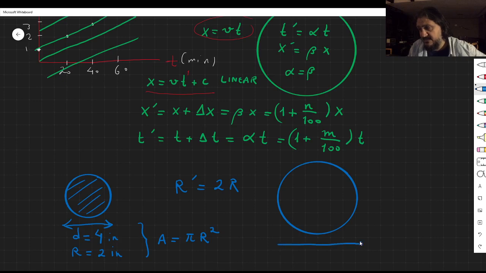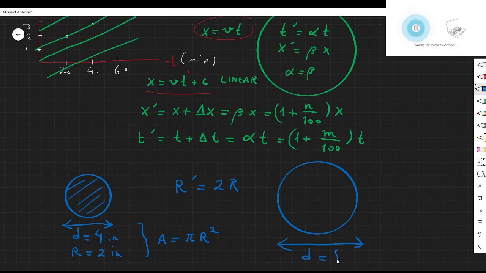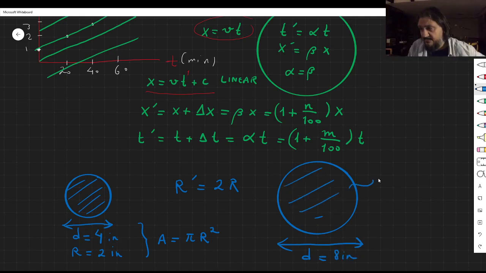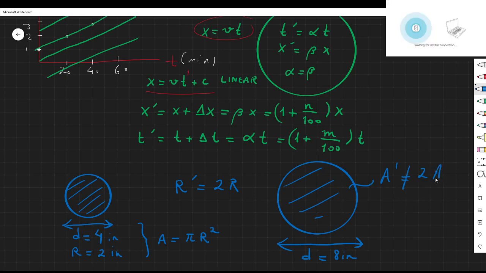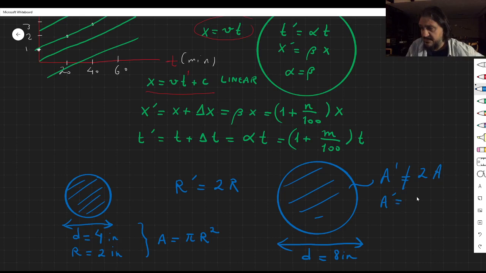So now d is, let's say, 8 inches. And if you calculate the area, call it A prime, it will not be equal to 2A, all right? It will not be. Why? Well, very simple. A prime is equal to pi times r prime squared.